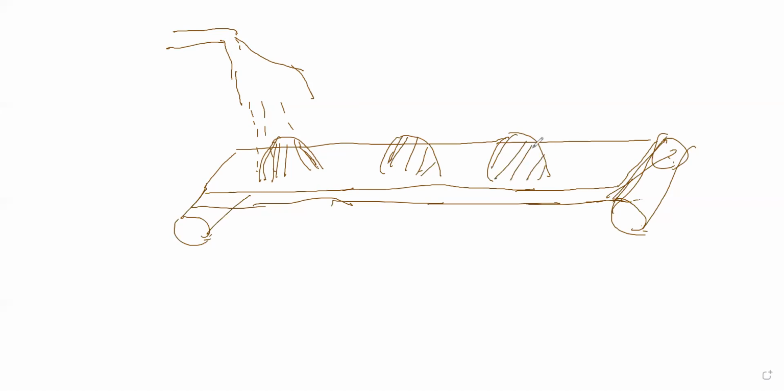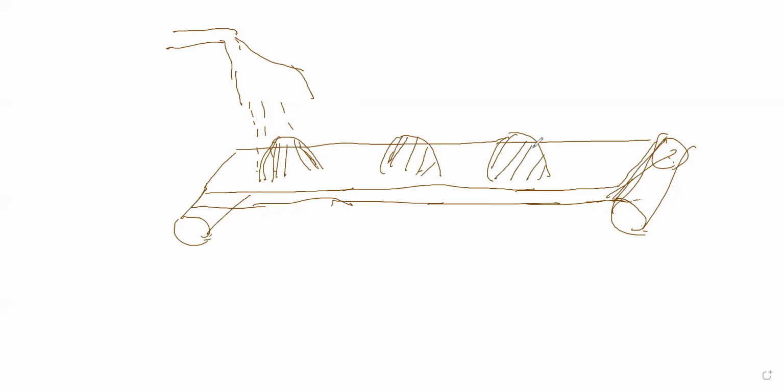On these rolling cylinders, this conveyor belt will be pulling this heap off. I hope you are getting it. So it forms small heaps, and these heaps will be pulled off.